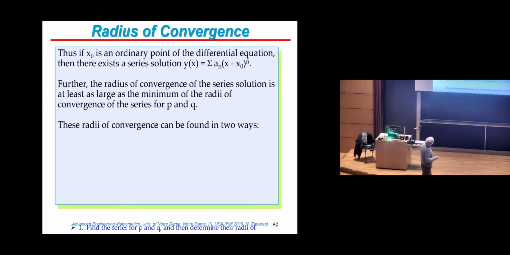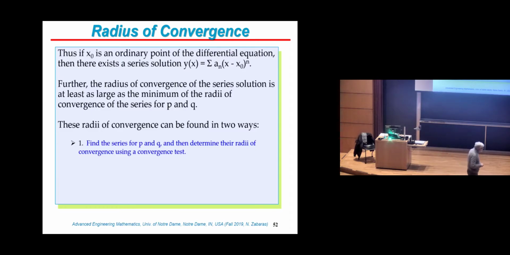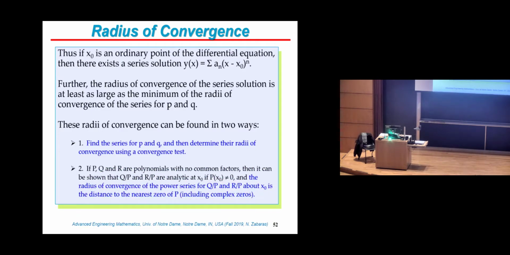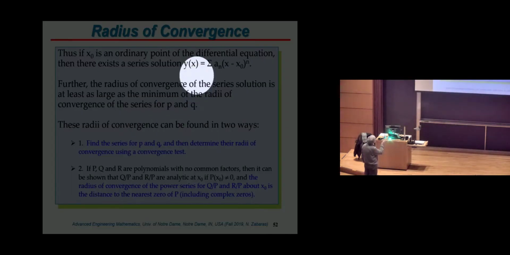All right, and of course, you may ask, and this is very important, it comes up in all the examples: if little p and little q are analytic, and you compute the solution y, somebody will ask you, what is the radius of convergence of the solution y of x? Right, what is the radius of convergence?